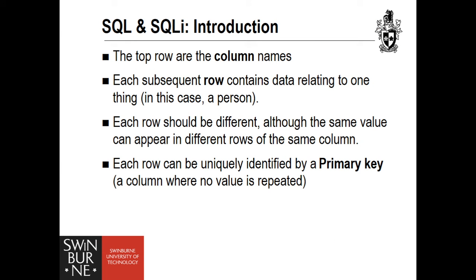Okay, now I'm going to cover the very basics of SQL. The top row is the column names. Each subsequent row contains data relating to one thing. Each row should be different, although the same value can appear in different rows of the same column. Each row can be uniquely identified by a primary key.